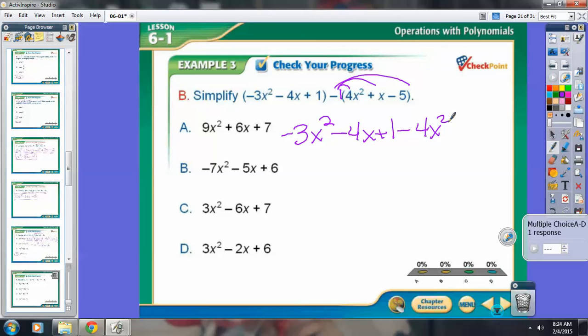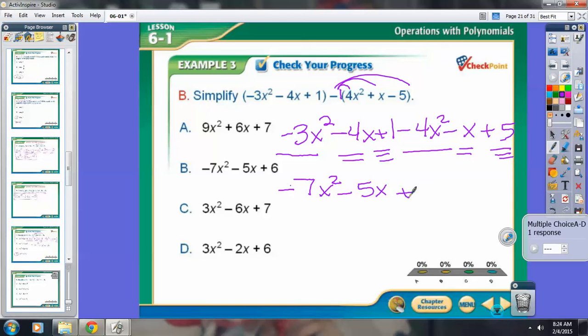Now I'm distributing my negative 1 through the second parenthesis. And then combine those like terms. Negative 3x squared and negative 4x squared is negative 7x squared. Negative 4x and negative x is negative 5x. 1 plus 5 is 6. B is the correct answer.